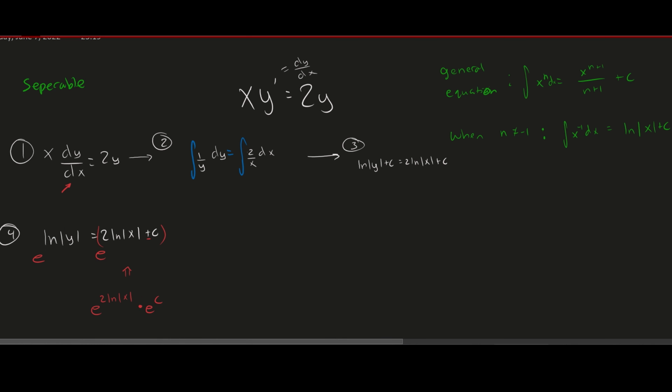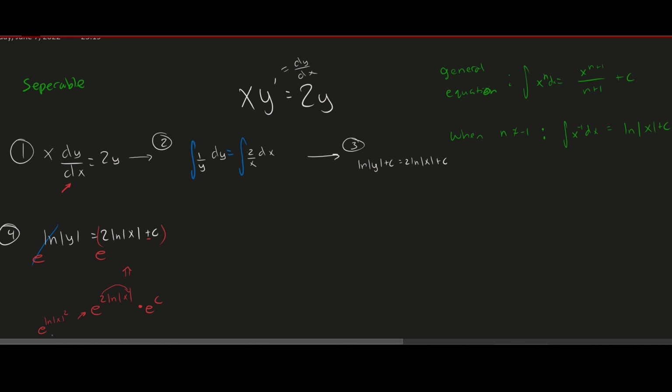And our e and ln, when they're together like this, they're just going to cancel out. We're going to have to do a little bit extra for this one. We're going to actually have to bring this 2 up here to be squared. So just for this one, in this problem, we have an e raised to the ln of x squared.